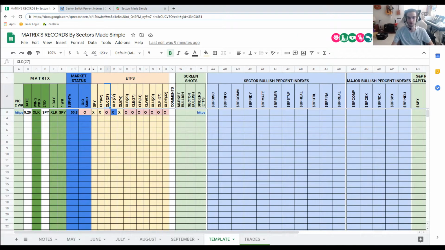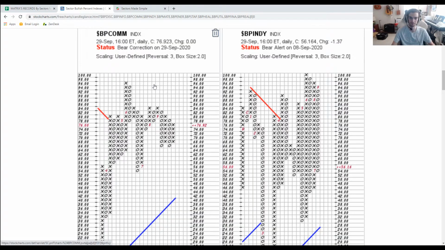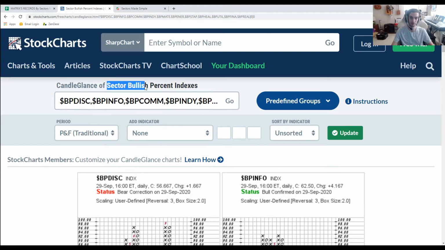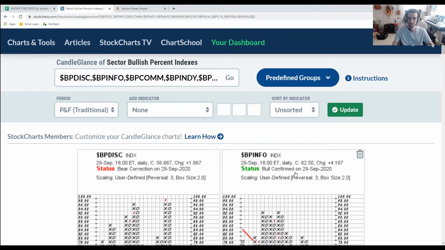But if you're just looking at ETFs, which is the point of this spreadsheet, we just want to focus on the bullish percent indexes of our sectors, of our S&P 500 sectors. So to do that, again, we're going to go to Charts and Tools and choose Sector Bullish Percent Indexes.